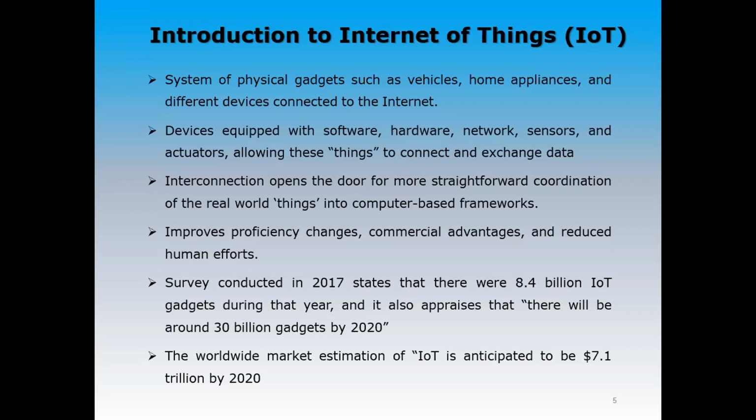For that to become a reality, IoT is the solution we have in hand. By 2020, they are saying 30 billion gadgets are going to be interconnected, and IoT is anticipated to be worth $7.1 trillion.